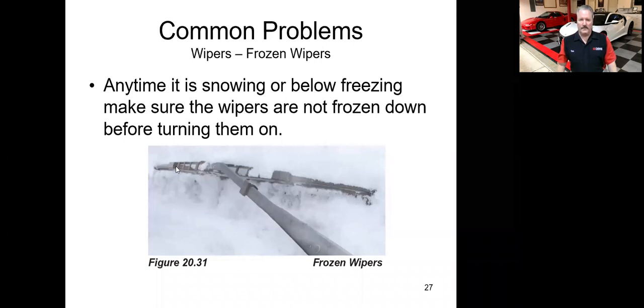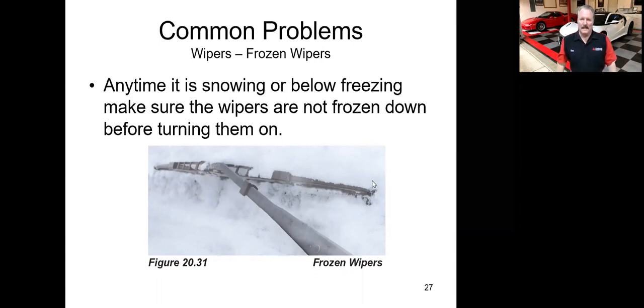This wiper blade is not a snow removal tool. It removes rain from the window. So you may want to pull that away from the window at night if you think it's going to snow, or at least make sure you pull it away from the window before you start your car and end up using it as a snow shovel. Okay, they're not snow removal tools.